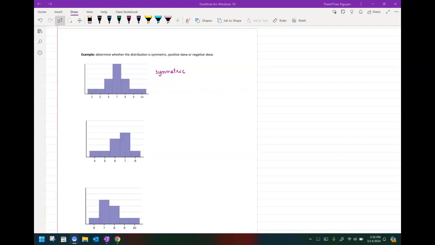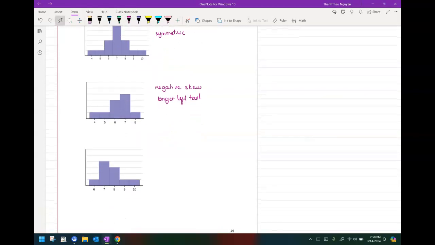So here we get negative skewness, longer left tail. And here we have the positive skew. We have a longer right tail.